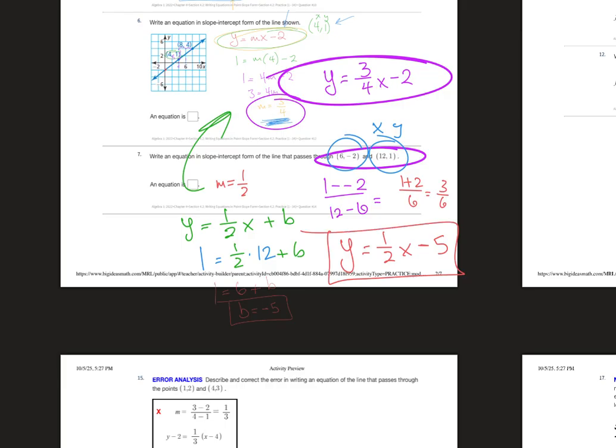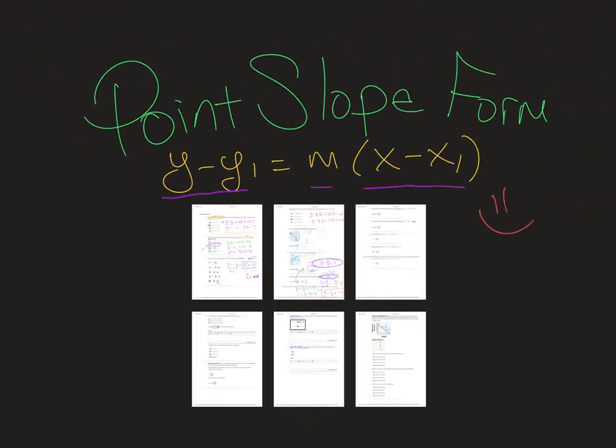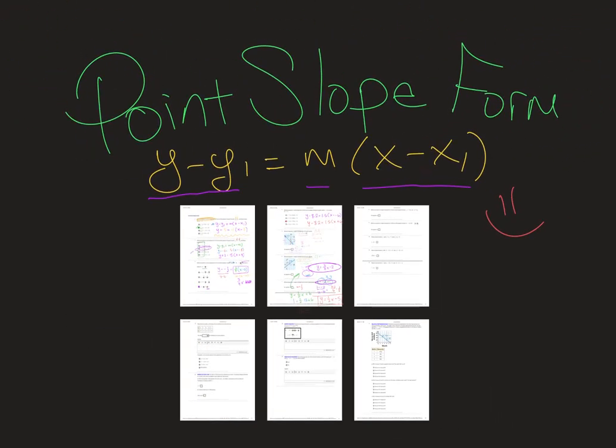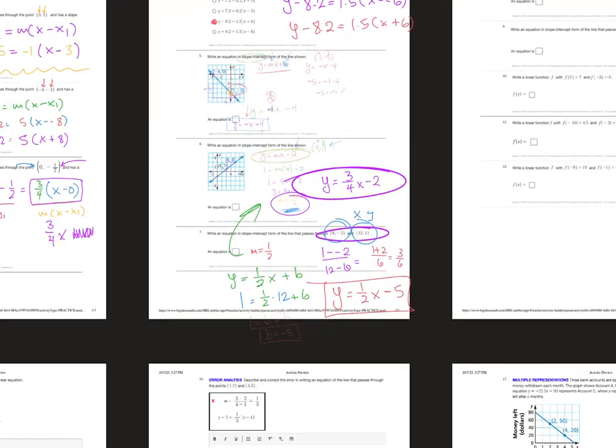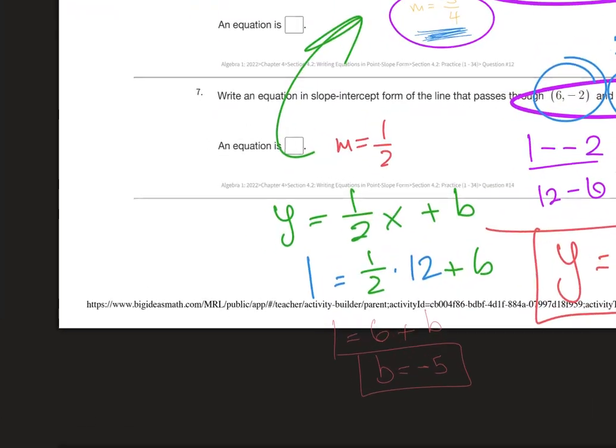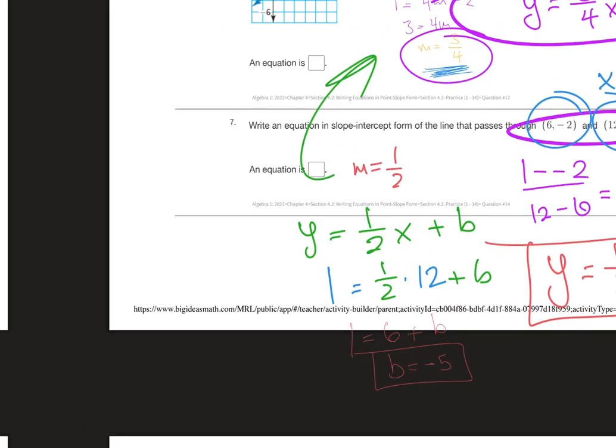Okay? Now, if you're thinking, well, wait a second, that says find slope-intercept form, and we've been talking about point-slope form. Couldn't we, or maybe even shouldn't we have done point-slope form? You know what? Let's do that right now. y minus y1 equals, well, we had our slope. We found it.